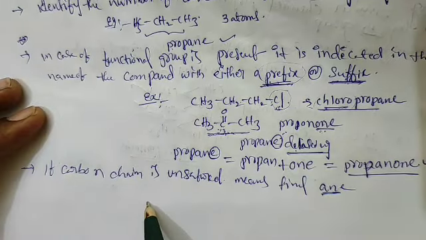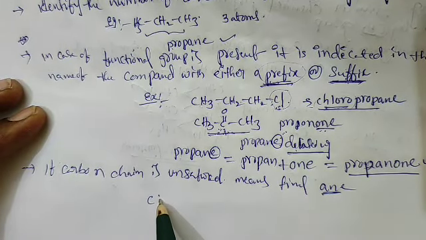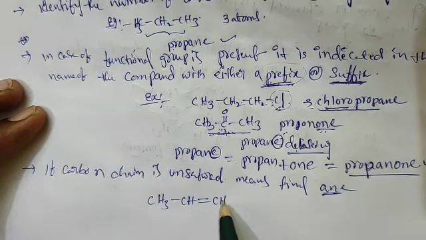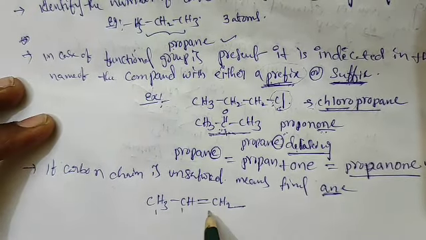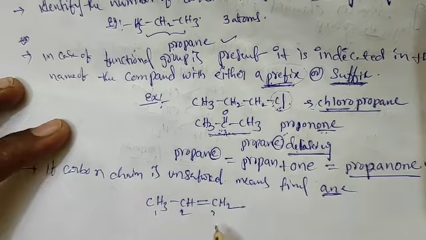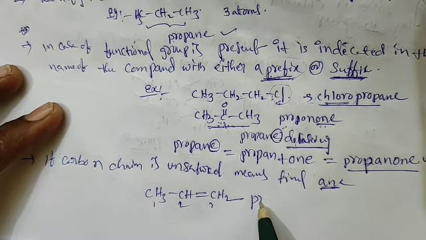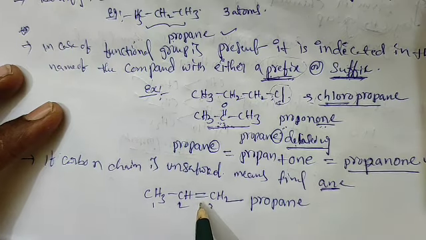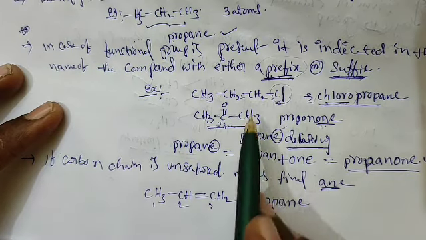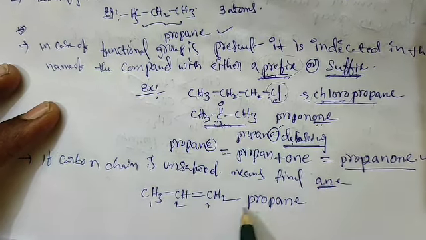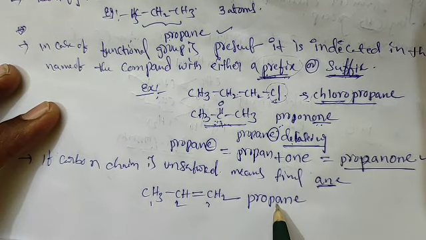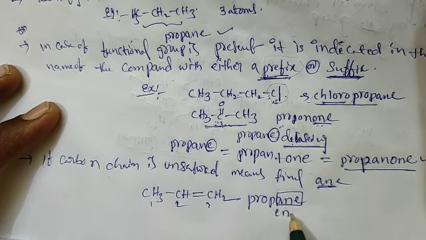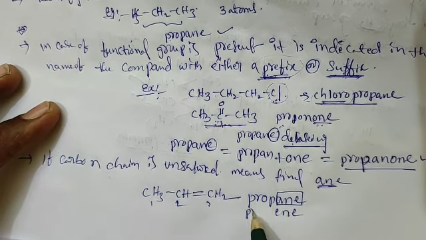For example, CH3 CH double bond CH2 has 3 carbons, which would generally be propane. Here a double bond is there, so instead of ANE we write ENE: propene.